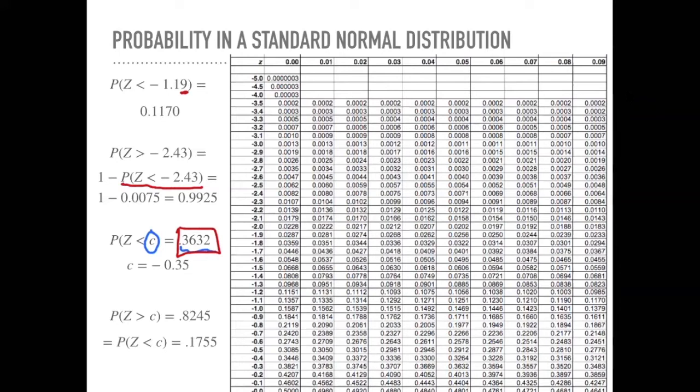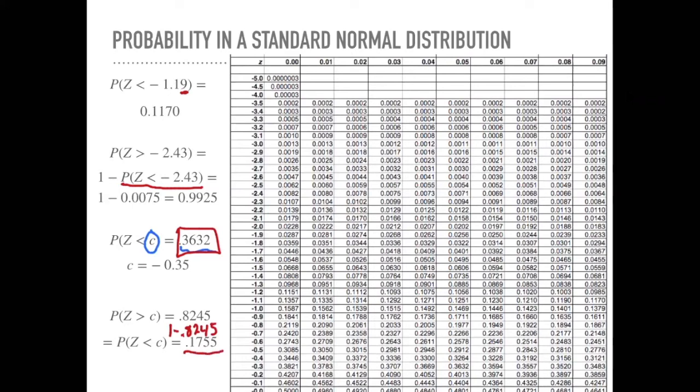So that would be the same as saying that, instead of the probability of being greater than, the probability of being less than is equal to 1 minus that probability. So we're saying 1 minus 0.8245 is the probability of being less than. And then I've simplified it right there for you.